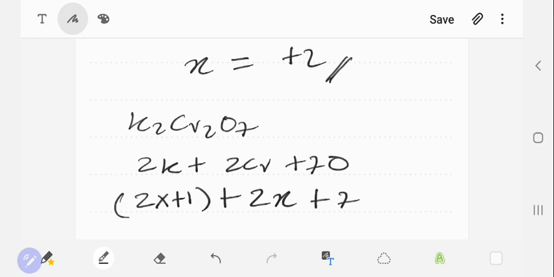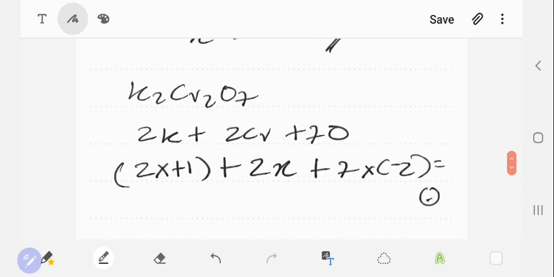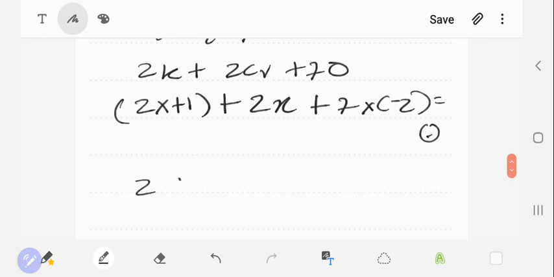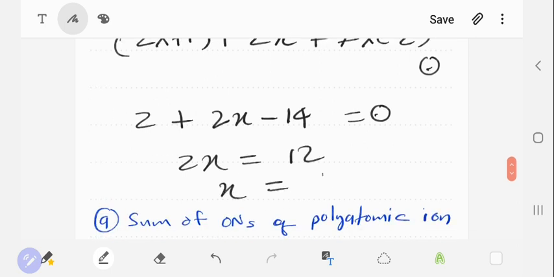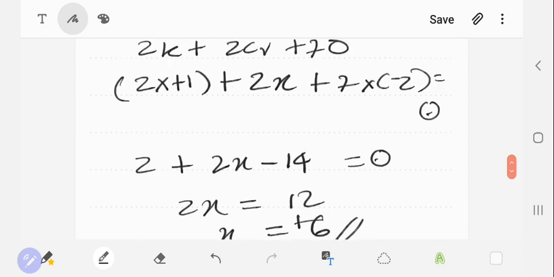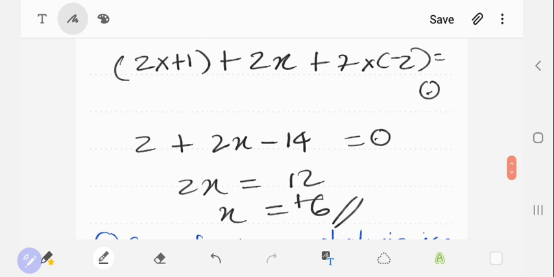We already know oxygen is -2, so 7 times -2. The total equals 0. So 2 plus 2x minus 14 equals 0. 2x equals 12, X equals +6. In this case, chromium's oxidation number is +6.